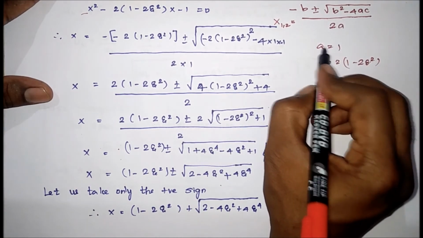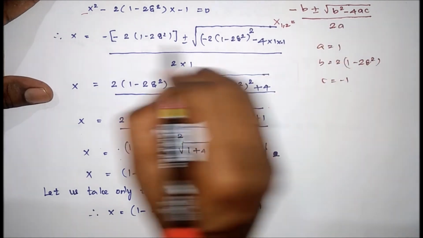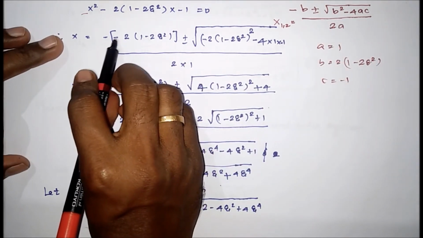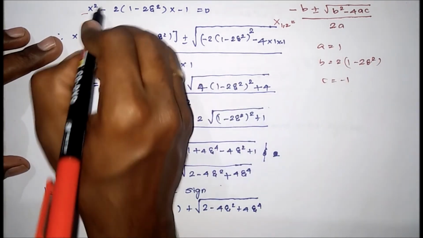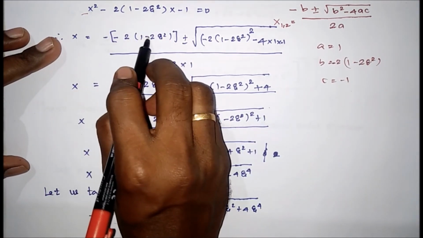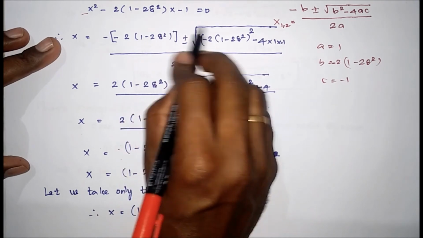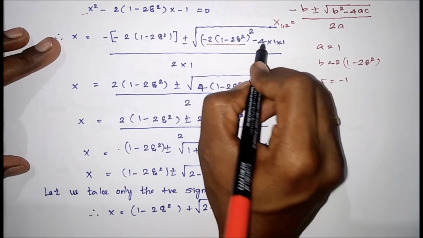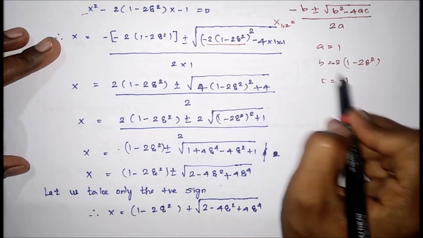So we have to substitute the a value, b value, c value into this equation. So now minus b value we know, here b is minus, therefore minus b equal to minus 2 into 1 minus 2 eta square plus or minus square root of b square minus 4 a c, minus 1.